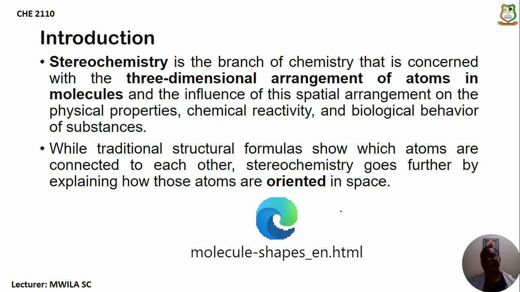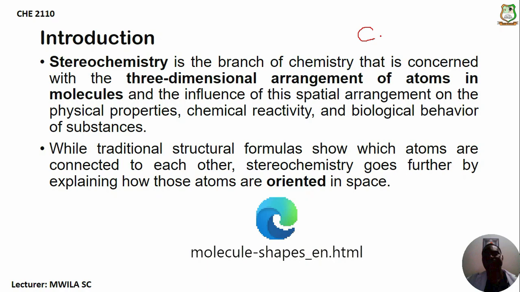When you were in first year, you were used to writing flat structures, let's take for instance the structure of methane. We used to write it like this. This is our carbon.